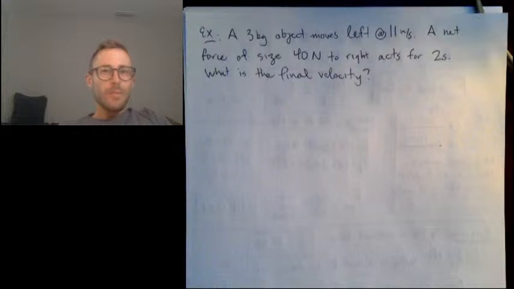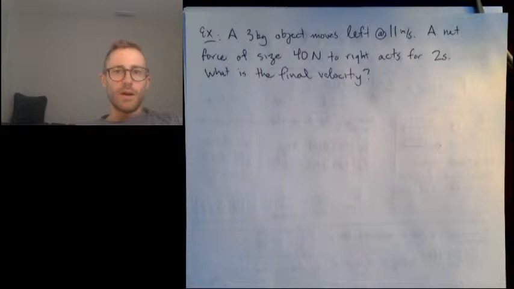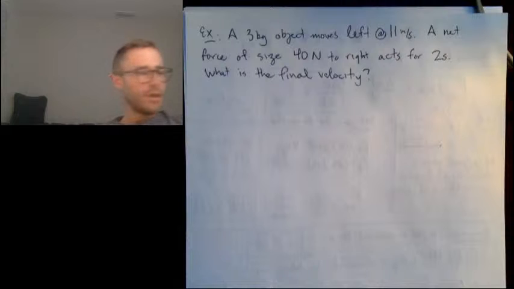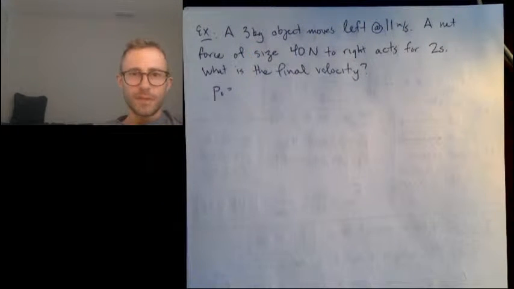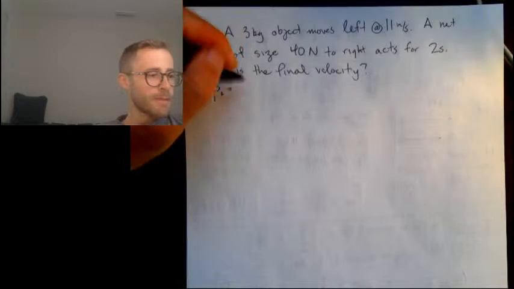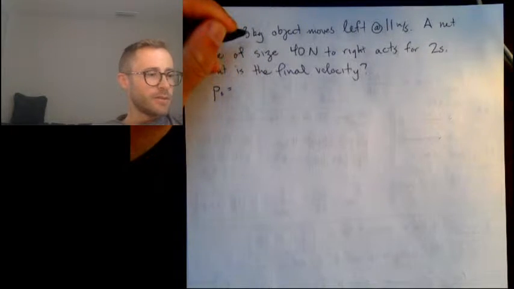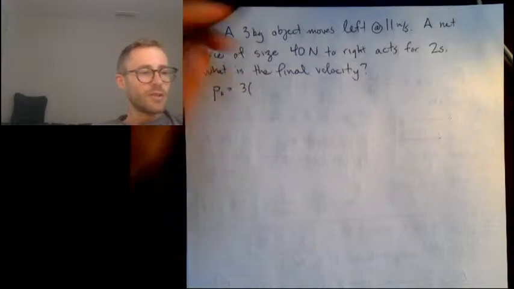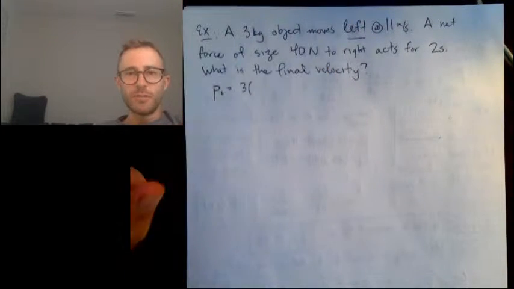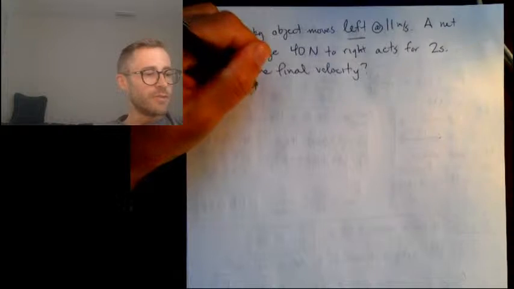Okay, so let's work through this. Let's calculate the initial momentum. The initial momentum is mv. So m, which is 3, times to the left at 11 meters per second, so negative 11.